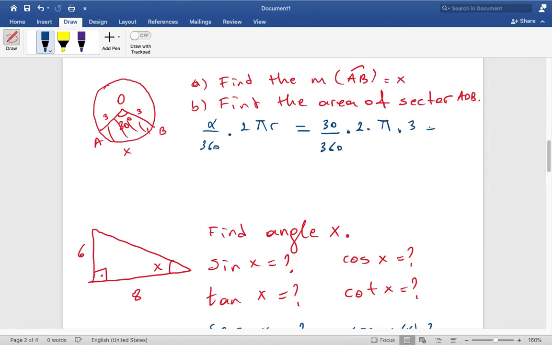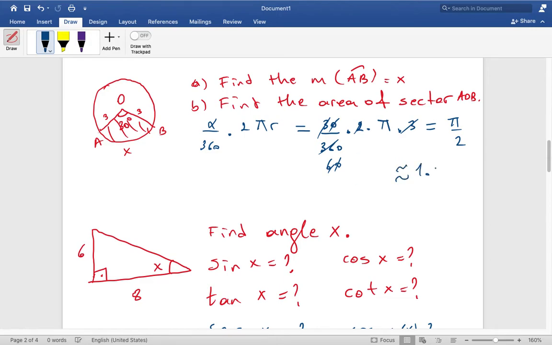And then simplifying, 6 and 36, 6 and 6, it will be pi over 2. If this is a test question, instead of pi over 2, you may see decimal numbers. So if I use my calculator, pi divided by 2 is equal to 1.57.